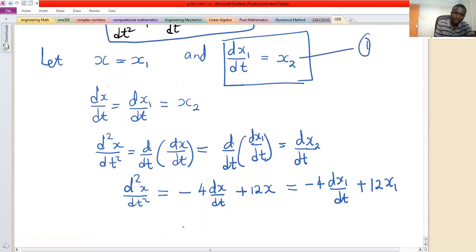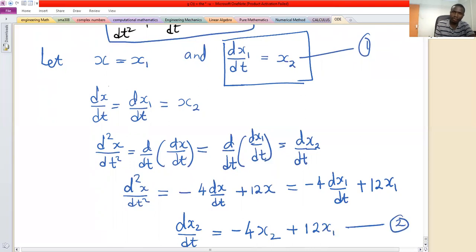So dx2 dt equals minus 4 x2 plus 12 x1. So this is equation 2.